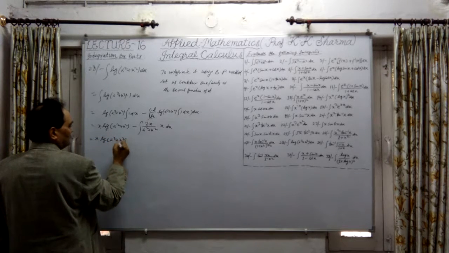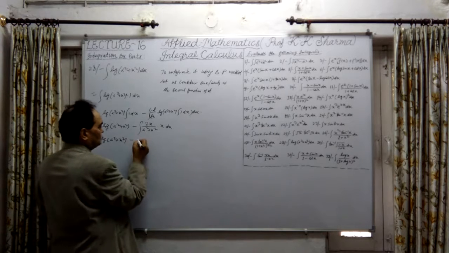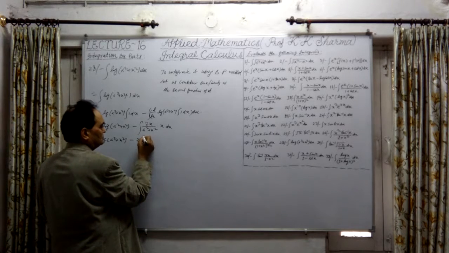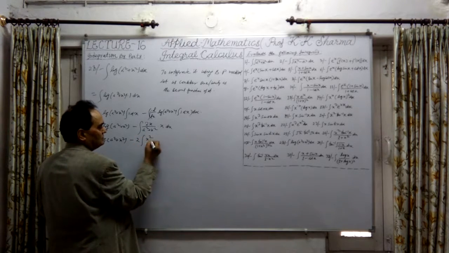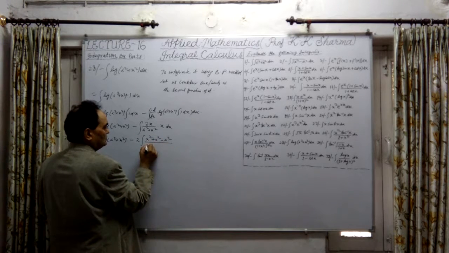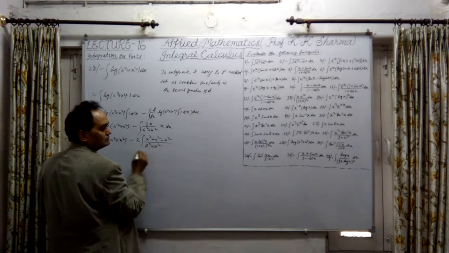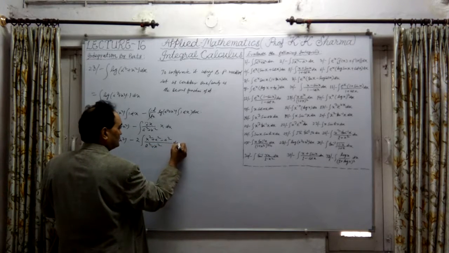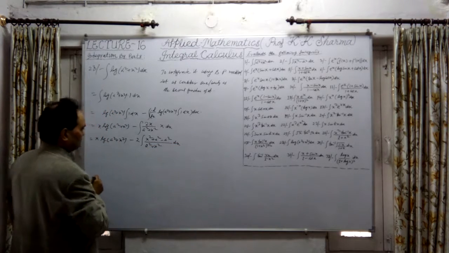Let me write here x into log of a square plus x square. If I take 2 common out, it will be x square. If I add plus a square minus a square, it will change. So this is a square plus x square into dx, the constant.